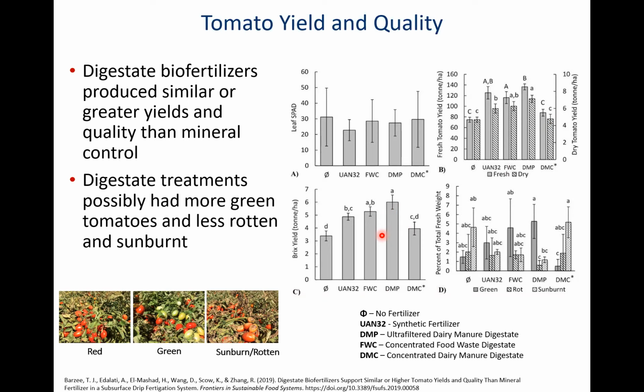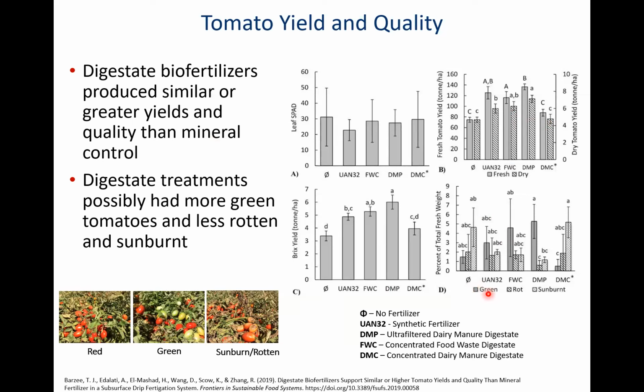I forgot to mention this is processing tomatoes, which means that it can be processed into paste or other products in food processing plants, which means that they measure this Brix as a quality attribute of the received processing tomato at these plants. Okay, and here this is just the percent of total fresh weight.